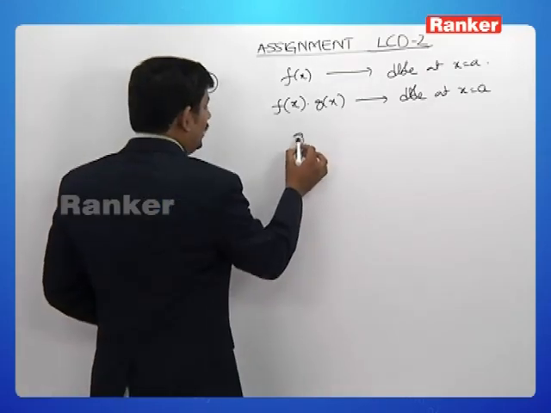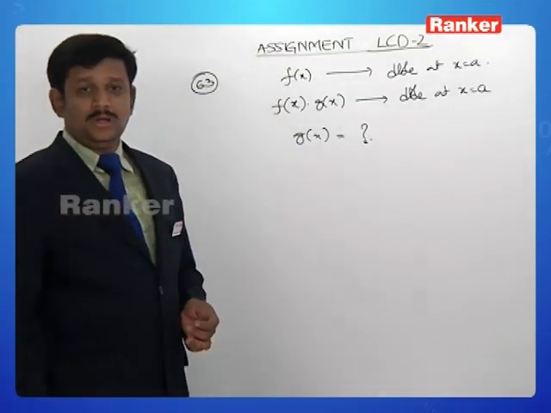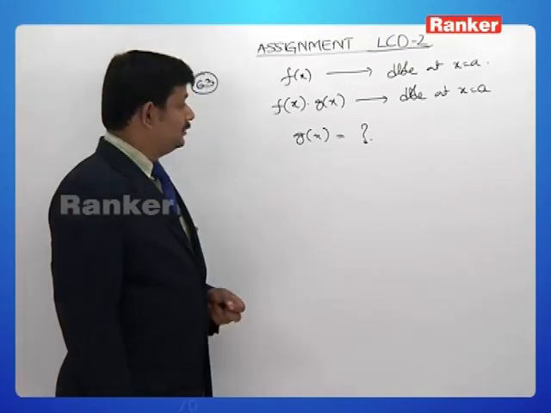We need to talk about differentiability of g of x. Look at option A. G of x must be differentiable at x equal to a.